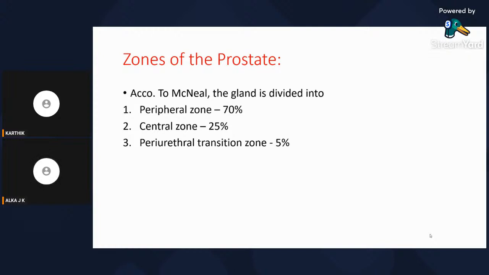The central zone is not involved in any diseases, but the peripheral zone, which constitutes 70%, is vulnerable to cancer. The periurethral zone is 5%, and prostatic hyperplasia generally occurs in this zone.